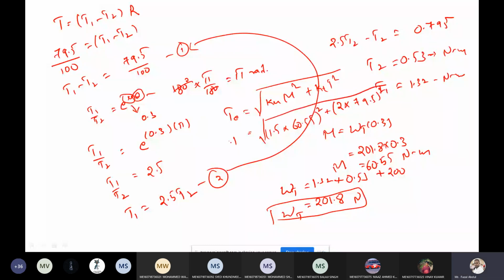The total square root is TE. Now TE is pi by 16 into sigma s into d cubed. Simplify this equation. Finally, tell me the answer, the D value in meters. This is your answer.